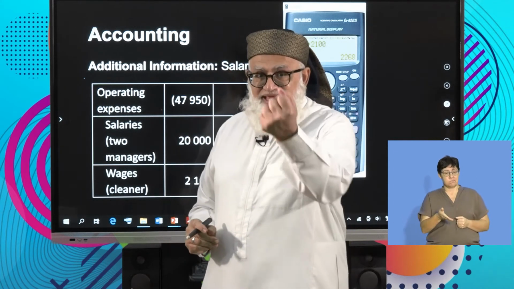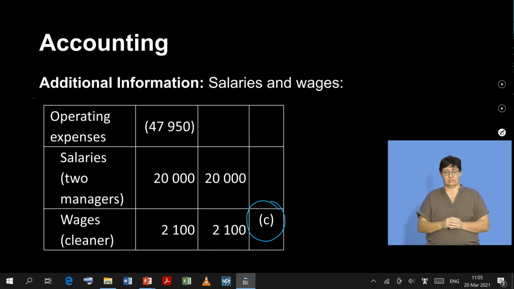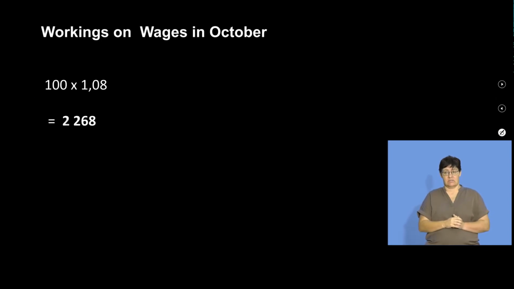We take the existing salary, which was 2,100, okay? So we got the 2,100. Take the 2,100 and then, obviously this was the calculation, where 100% in terms of percentages, plus 108 will give you the 2268.